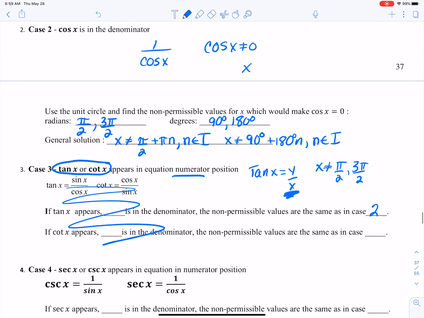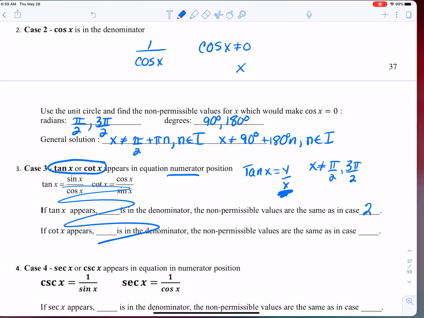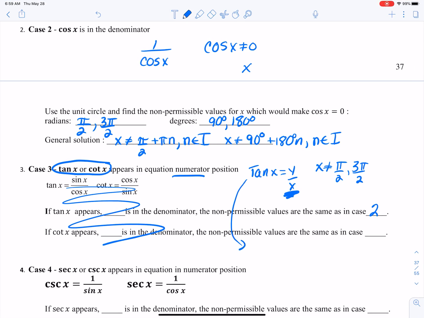So if we write that down, for tan of x, x cannot equal pi over 2 plus pi n, or x cannot equal 90 degrees plus 180 n.